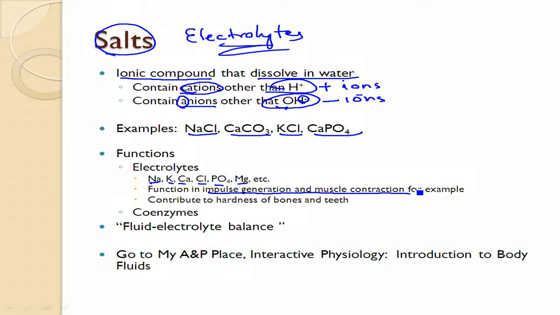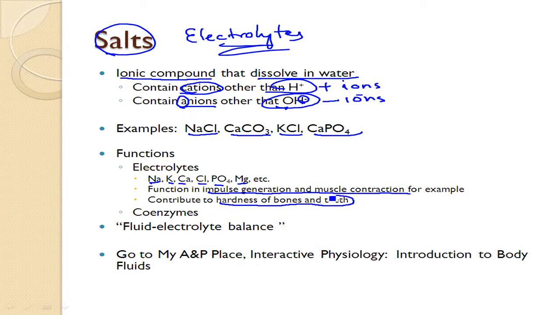You know of it as an impulse, and you absolutely have to have your electrolytes set up in a very particular way with using what we call the sodium-potassium pump, for instance, before you can even send an impulse. And then the muscle cell that's going to respond to that impulse also has to have its ions in a very particular arrangement in order to receive the signal. So it's going to be really important in that. We'll talk a lot more about this as the semester proceeds.